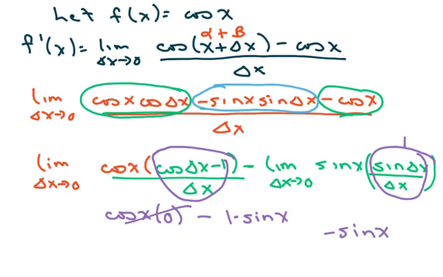Now, if we look at some derivatives involving cosine and sine, I can look at y equals 2 sine of x. Well, the derivative of sine is cosine, so the derivative would be 2 cosine of x, because this is just a constant.